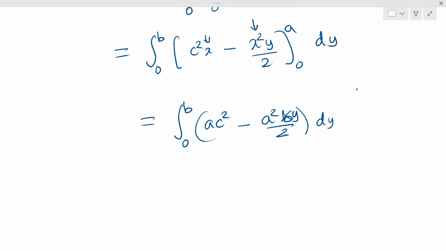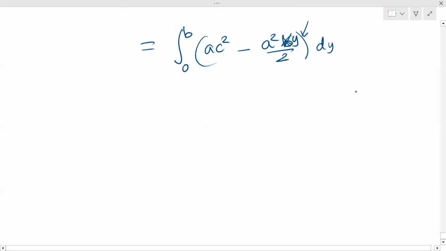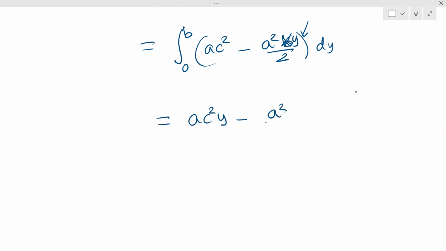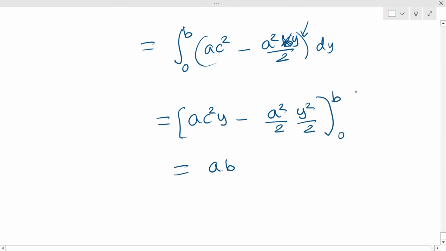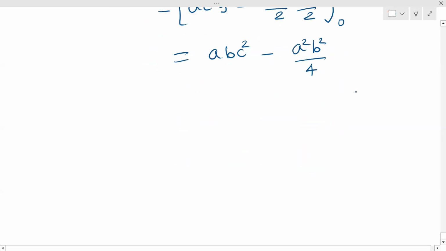Now the inner integration is over, so we integrate with respect to y, the variable y: a c square y minus a square by 2 times y square by 2, from 0 to b. So we get a b c square minus a square b square by 4. This is for the second surface.